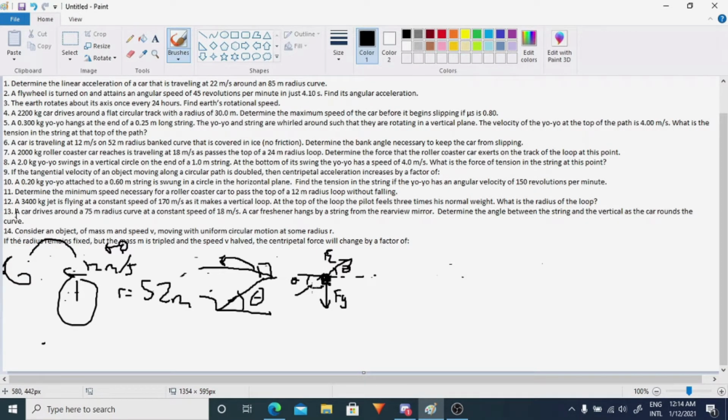So in this case, sine right here of this angle is going to be, well, first, actually, I'll rotate this so we can deal with x and y. So we'll have our force centripetal going this way, and our force due to gravity is like this, and the angle we are now looking at is right here.